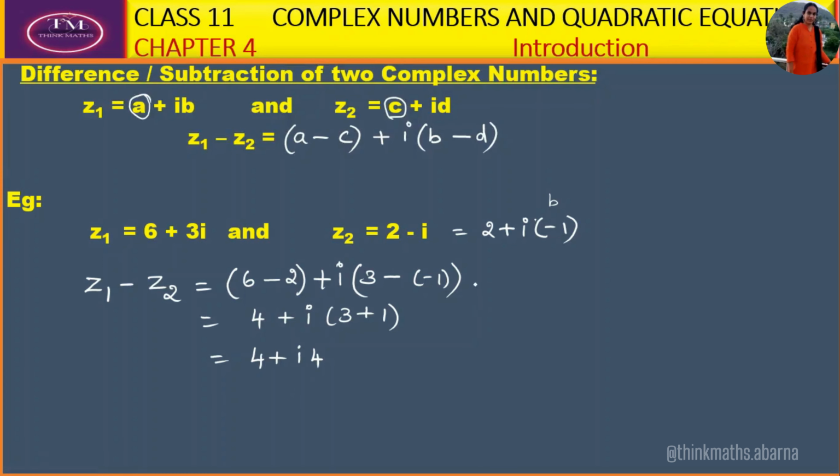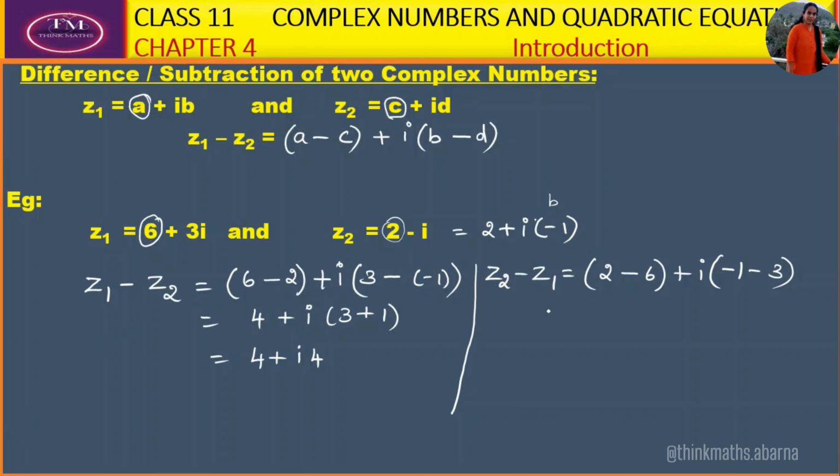Okay, so this is the way you have to subtract. Suppose you are subtracting Z2 minus Z1. Let us check whether it is the same or not. So Z2 minus Z1 means first we take the real part in Z2, which is 2, minus the real part in Z1, which is 6, plus i into the imaginary part in Z2, which is minus 1, minus the imaginary part in Z1, which is 3.